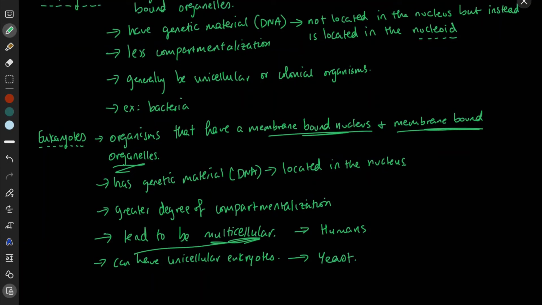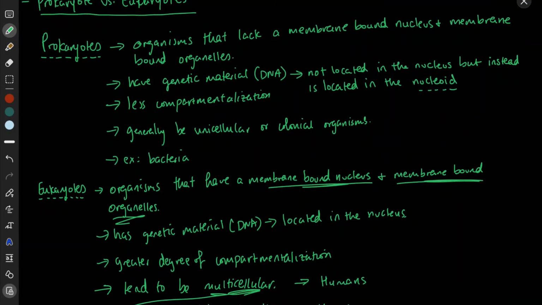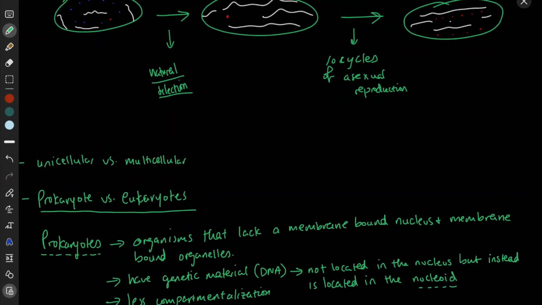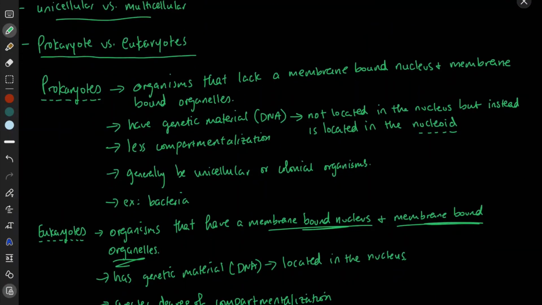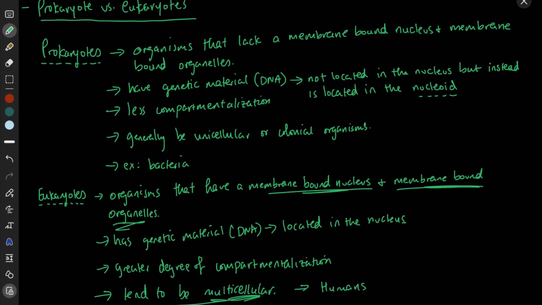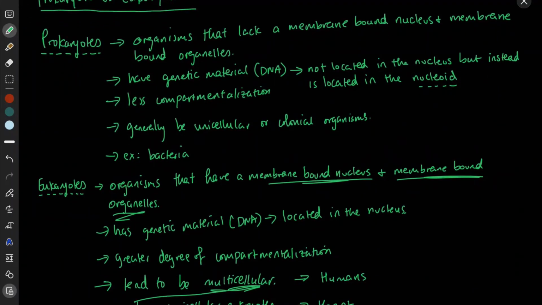So that's one of the ways in which we can classify organisms, whether or not they are prokaryotes or eukaryotes, similar to unicellular versus multicellular, which we discussed briefly with the examples in part 1 of lecture 1 when we discussed order. But yeah, this is just another way of classifying organisms on Earth.